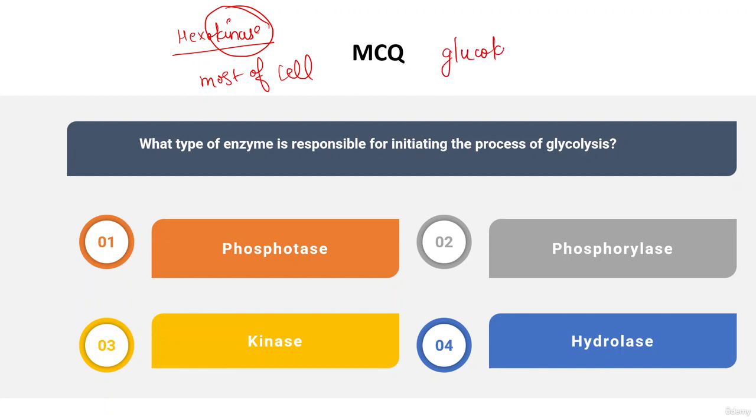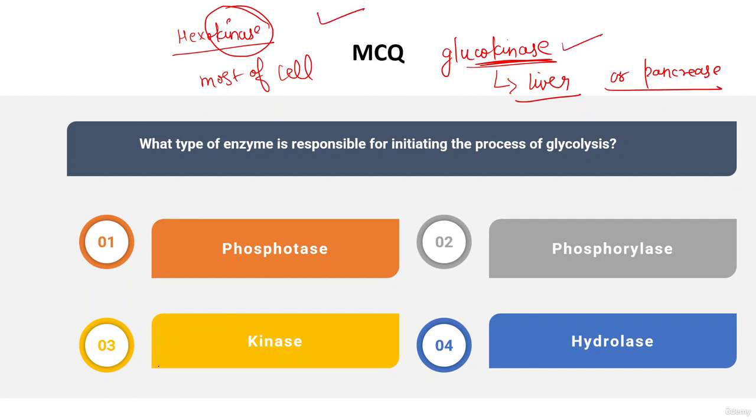Glucokinase is also responsible for glycolysis, but only in liver cells or the pancreas specifically. So hexokinase, glucokinase. This option is true here. So kinase is the correct option.